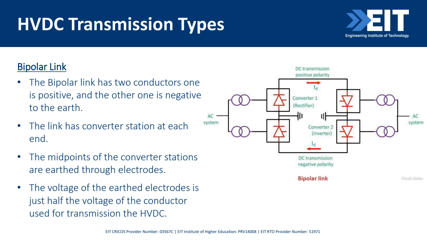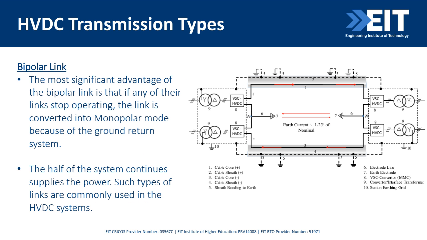As you can see in the illustration, the midpoints of each converter station on both the sending and receiving end are grounded. The voltage of these earth electrodes is just half the voltage of the conductor used for HVDC transmission. This way we can essentially increase the transmission power.